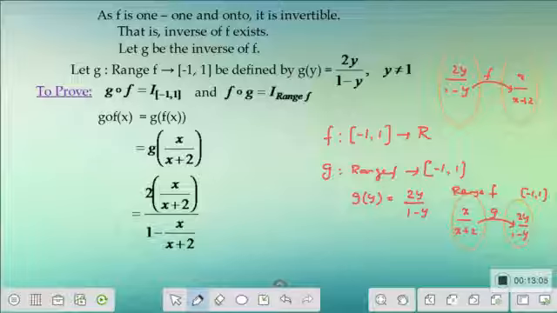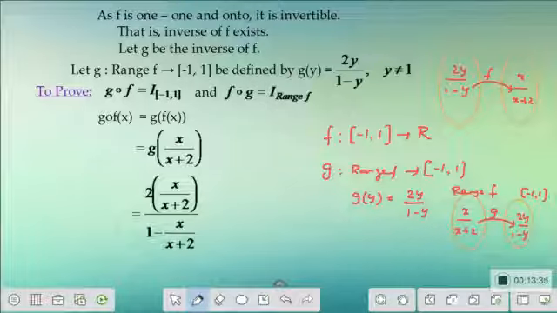So if I prove that g composite f is equal to I of minus 1 comma 1, that is, minus 1 comma 1 is the first set of f, and similarly, if I prove f composite g is equal to I of range f, that is the domain set of g, then I can say that f and g are inverses of each other, and hence I can conclude g is the inverse of f. I hope you are able to understand.